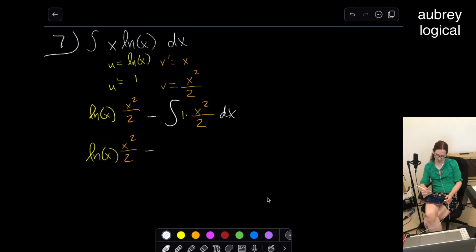The antiderivative of x squared over 2, that becomes a 3, so that becomes 1/6. And I can already tell this is not correct. I mean, unless I just didn't get this far on my assignment. But this doesn't look right.